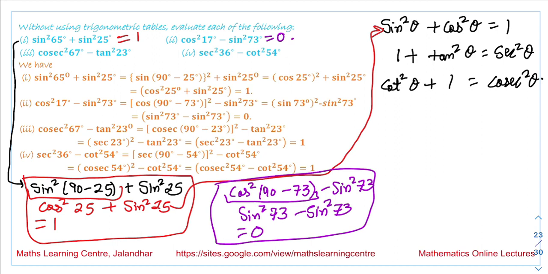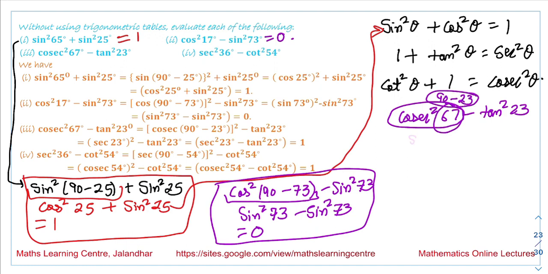In the third case, it is cosecant square 67 minus tan square 23. When we solve this, we write 67 as 90 minus 23, so this will become secant square 23 minus tan square 23.